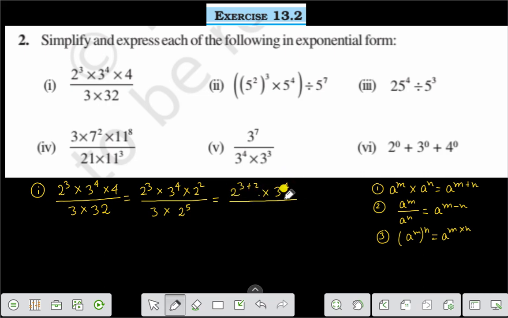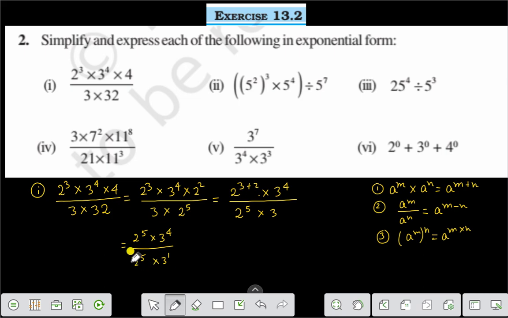This can be written as 2 to the power 5 into 3 to the power 4, divided by 2 to the power 5 into 3 to the power 1, right?